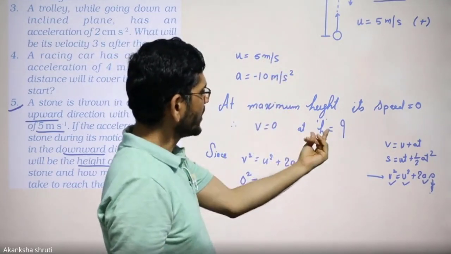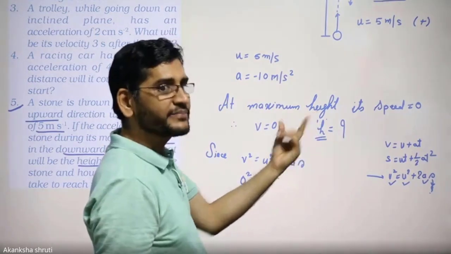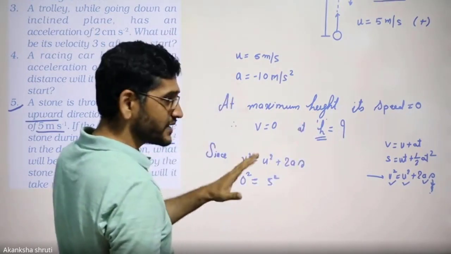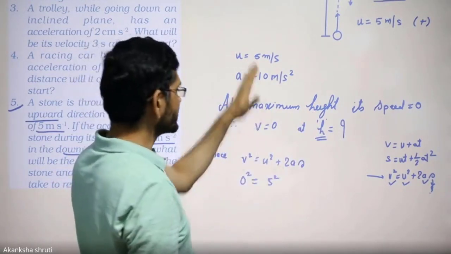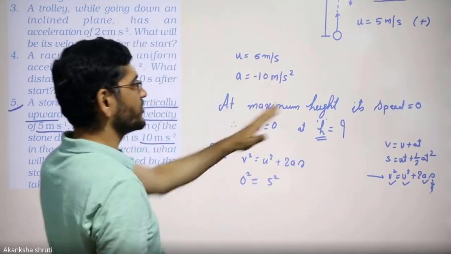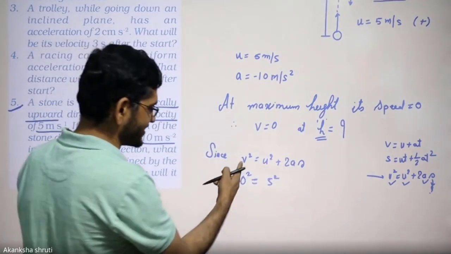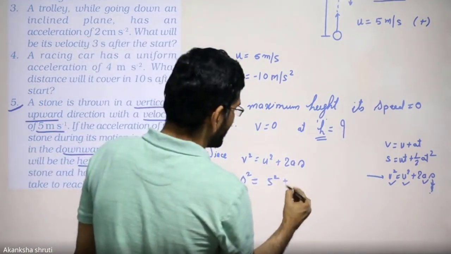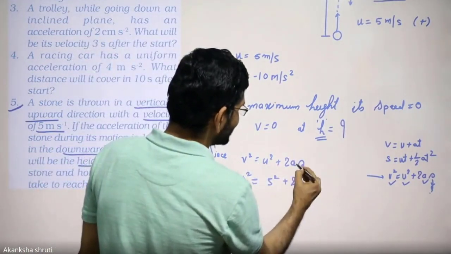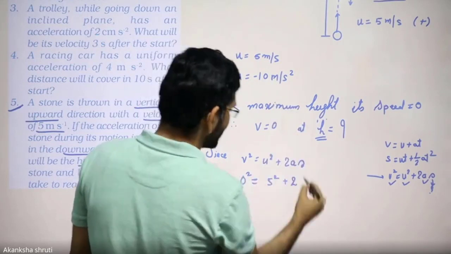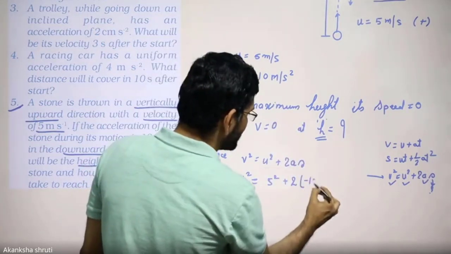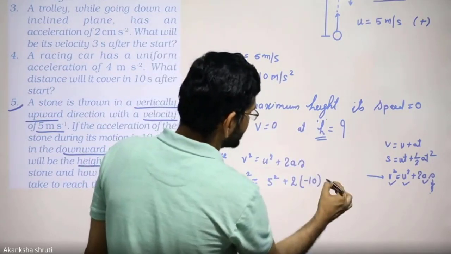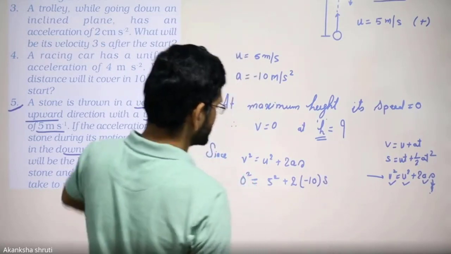So height h will also be in the meter. So first we must confirm the unit. It is understood here. That's why we have not gone for any unit conversion. We are directly substituting. v is 0, u as 5 square plus twice acceleration a is given as minus 10. Very important, student. And this displacement s that we want to calculate.